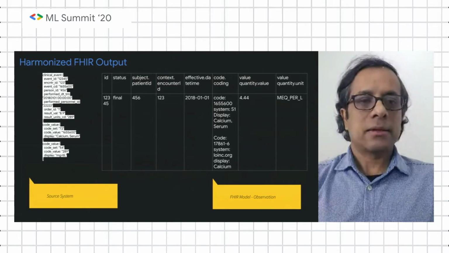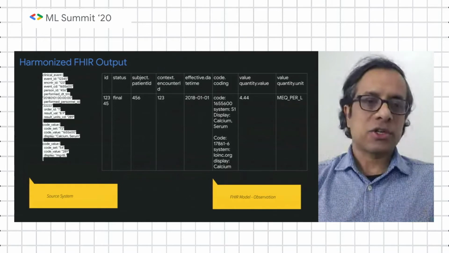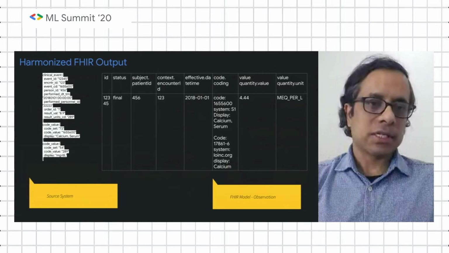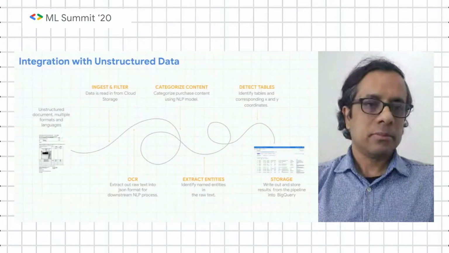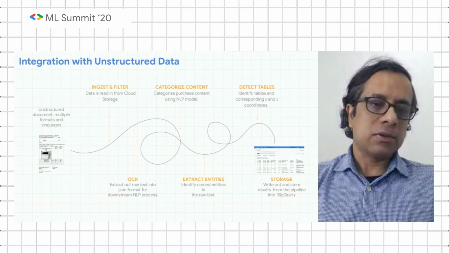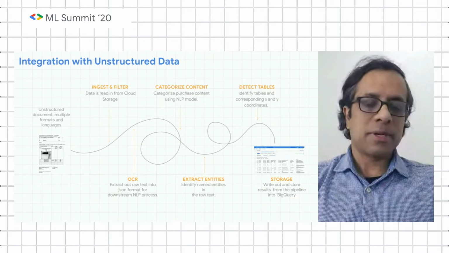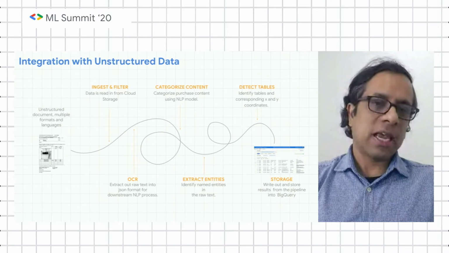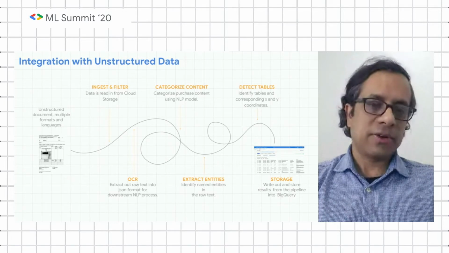Now, so far we looked at structured data. Now let's look at how unstructured data could add to this list of features. So the integration of unstructured data could be done using OCR technologies, or in many cases, this data might be in a text format, so we can directly apply natural language processing API on top of it to create healthcare specific entities.